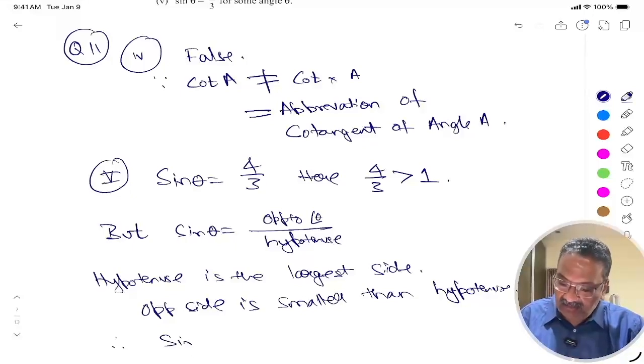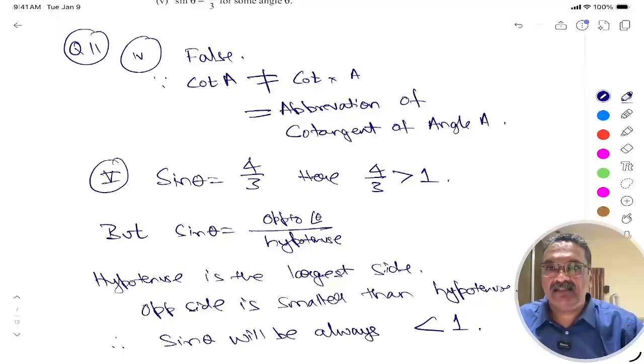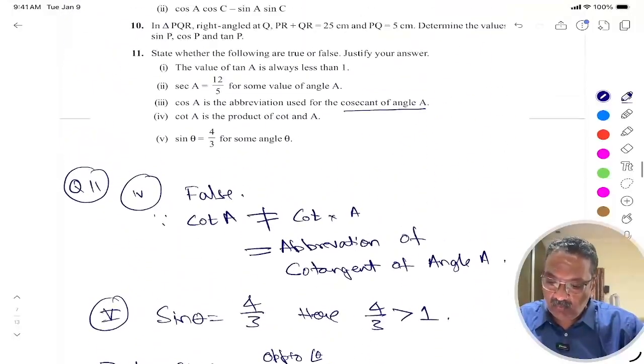Therefore, sin theta will always be less than 1, because when a smaller number is divided by a larger number, it will always be less than 1.